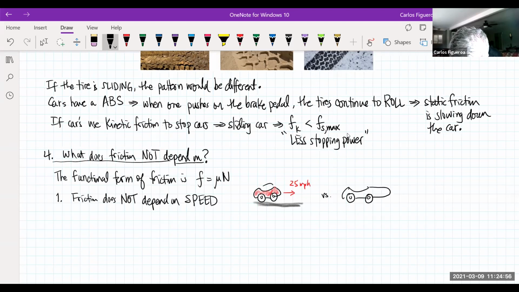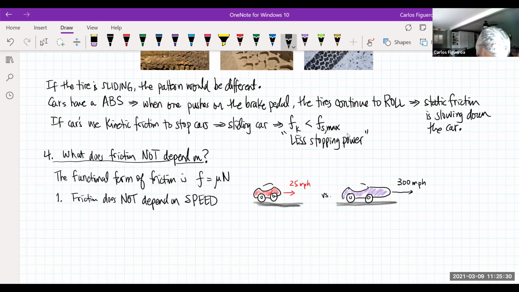So this is a faster car. Let's say that this car is traveling 300 miles an hour. The question is, would you expect both cars to have the same stopping power? Man, trying to stop a car that's moving 300 miles an hour, that's a serious issue.